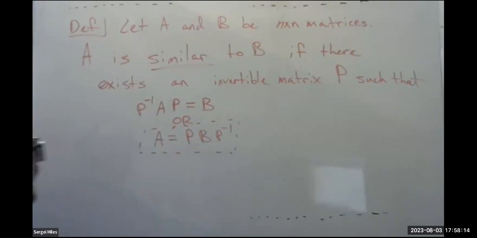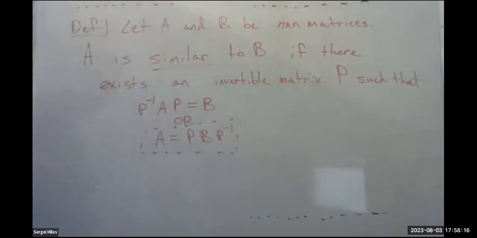In order for A to be similar to B, we're saying that there is some way to sandwich the matrix B with an invertible matrix and its inverse on the other side, and somehow these two things are equal.